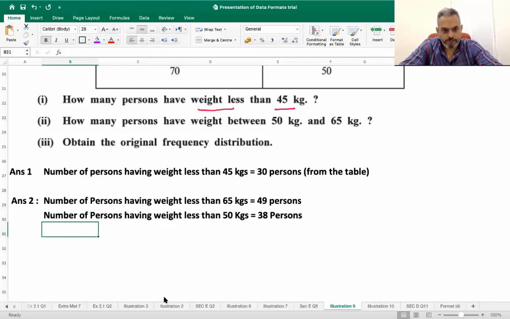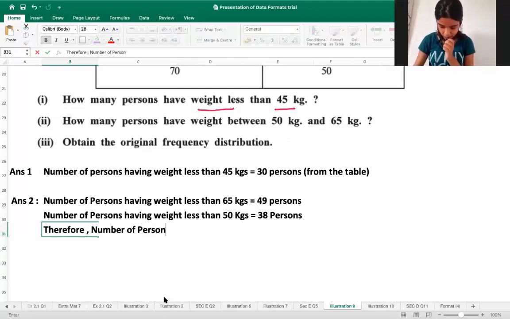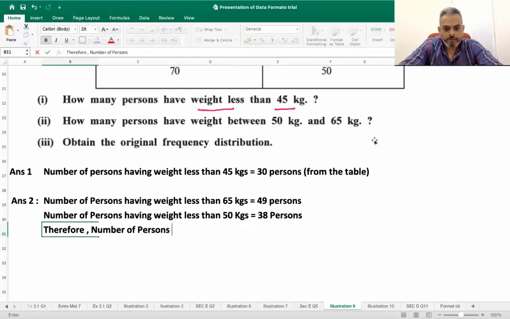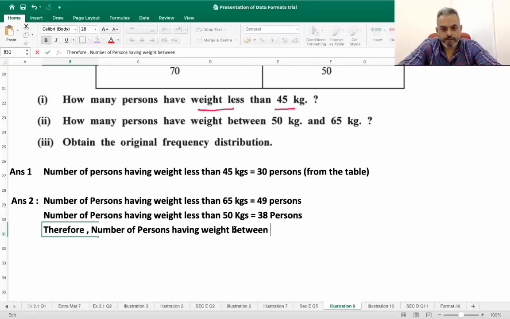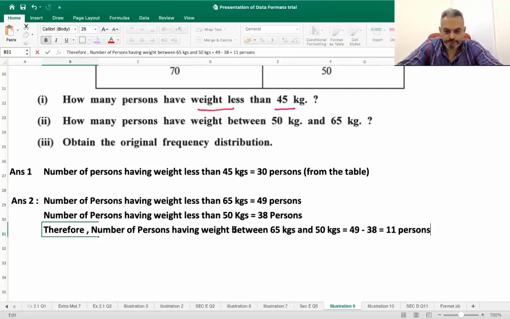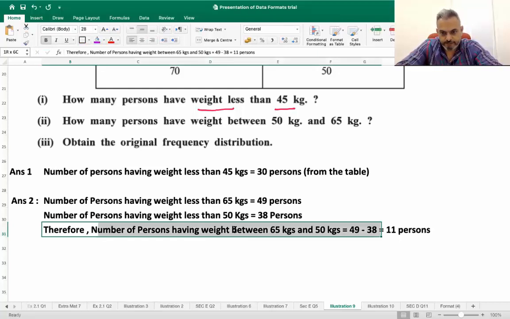Therefore, number of persons having weight between 65 kgs and 50 kgs is equal to 49 minus 38, which is equal to 11 persons. Our final answer.